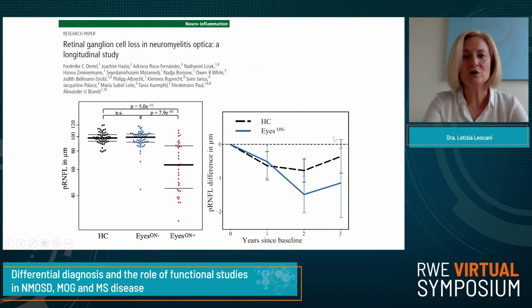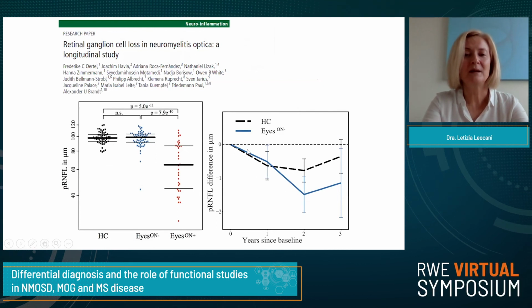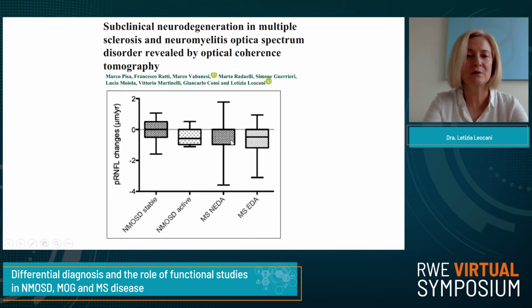And also in people with NMO, there is some demonstration that the retinal nerve fiber layer can become thinner over time, even in the absence of optic neuritis, and that's quite important. And in our study that we see here, we also found longitudinal decrease in the thickness of retinal nerve fiber layer, even in people with NMOSD.